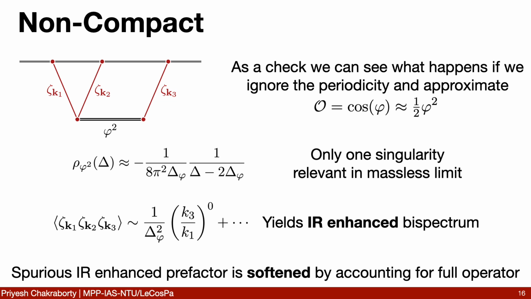It's enhanced in the mass of the particle, but I've just given it a small mass to regulate this divergence. But you can see you get a totally different exponent, and you get a highly enhanced amplitude. And this amplitude is completely spurious. It's only occurred because we took the leading term of the cosine and not any of the subleading terms. And moreover, the exponent that we get from this approximation is completely off.